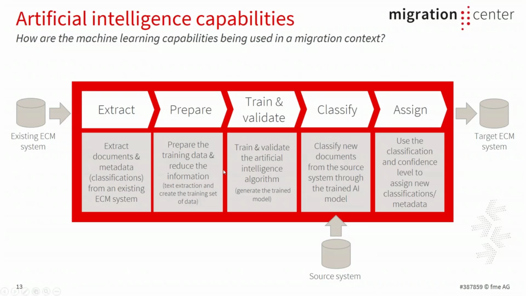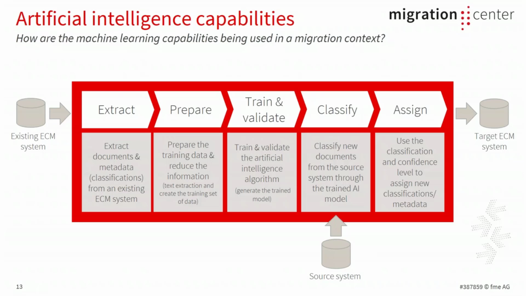With a set of features, users are able to first extract the metadata plus the content from an existing ECM application. With this information, we can train our algorithm and later on use that trained algorithm to classify new content from your source system, assign the new classifications or metadata to the objects, and migrate the objects to the target ECM system at the end.